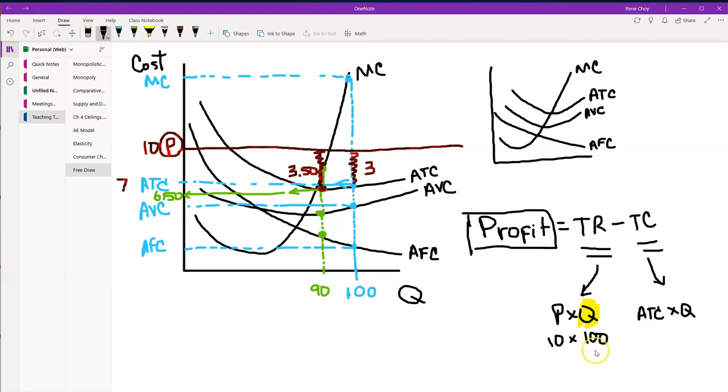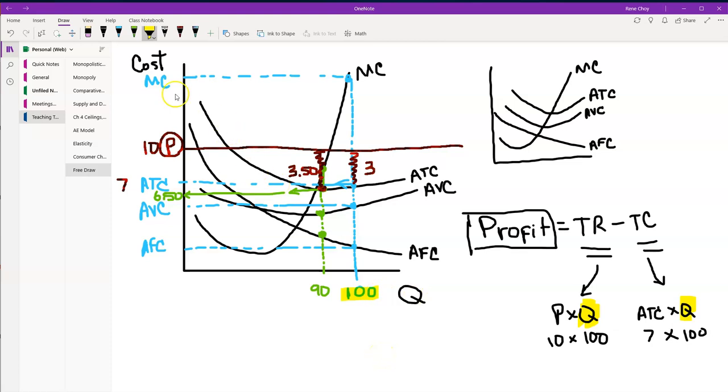Okay, so in the case of production 100, ATC total cost will be equal to 7 times the 100 that you produce. Okay, again, that's assuming you want to produce about 100.